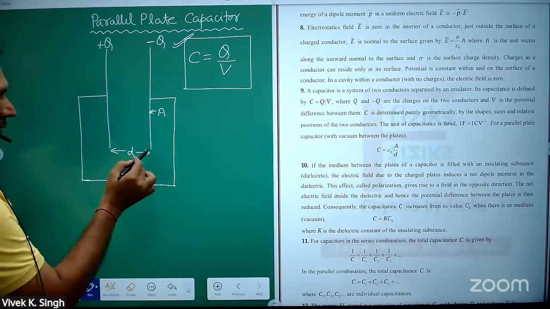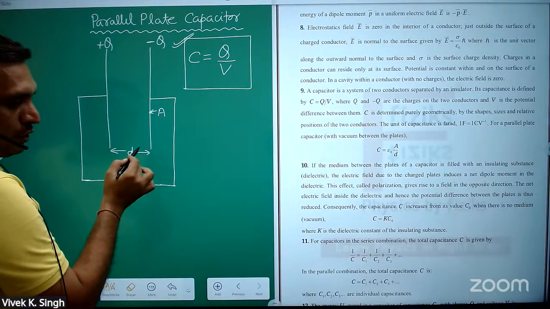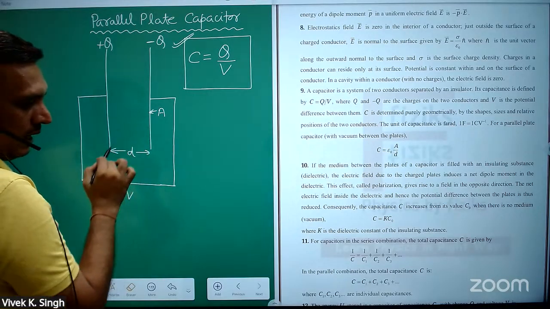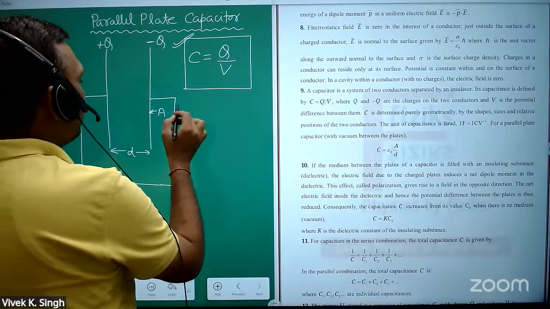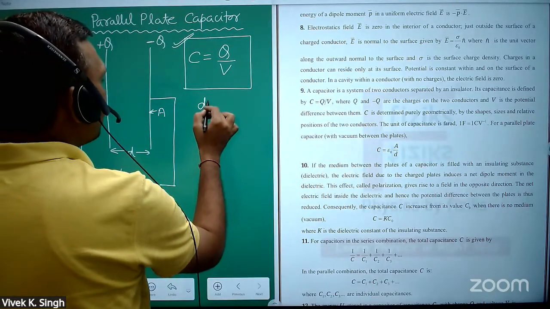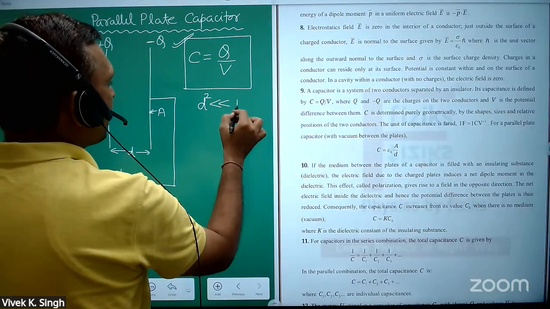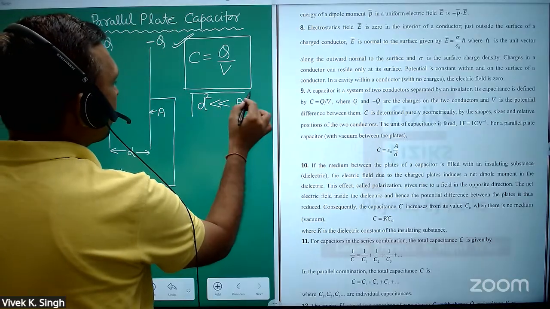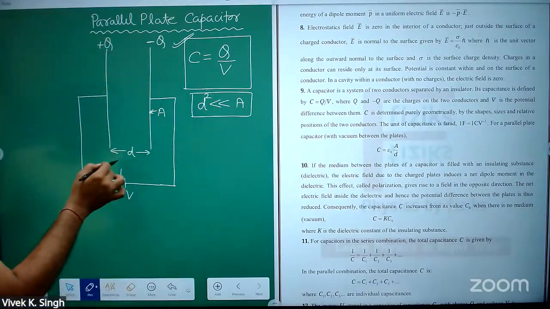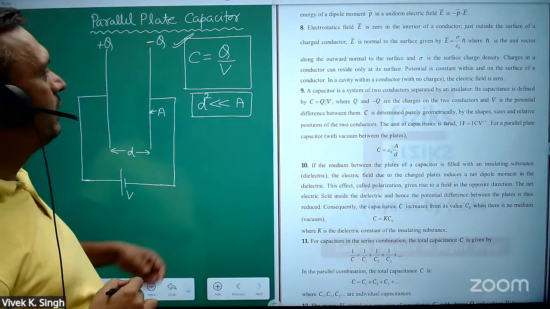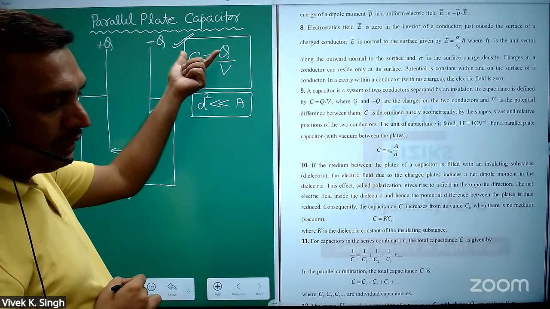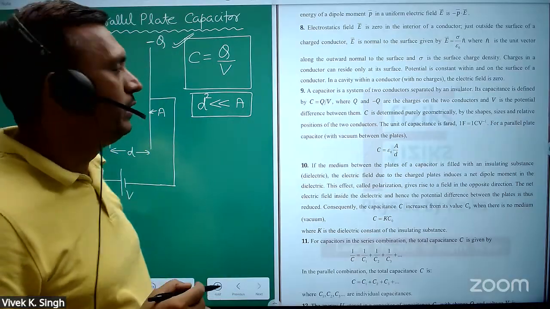d is the separation between these two plates, A is the area of the plate, and we are also considering that d squared is far less than A. So the capacitance of this arrangement is Q by V, and it's a pure geometrical quantity.